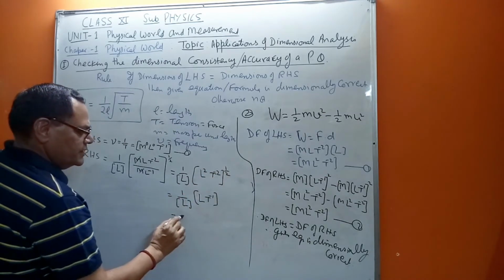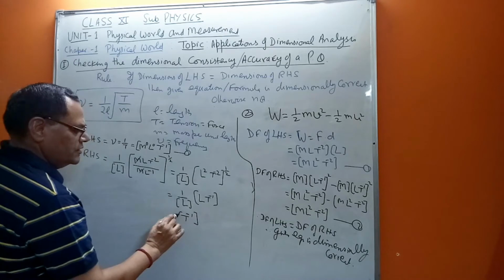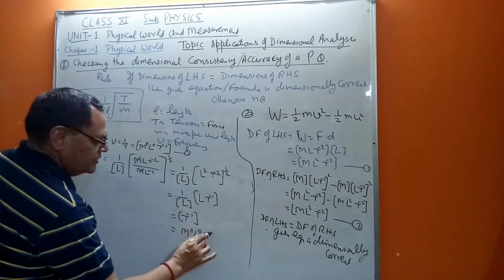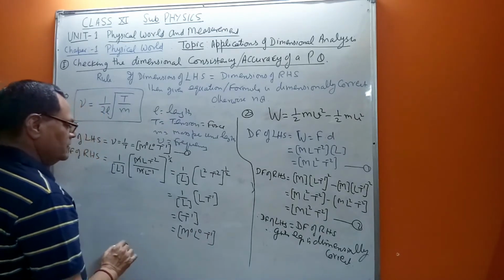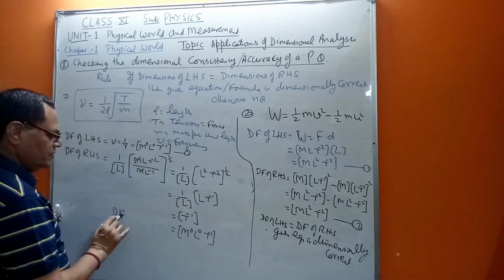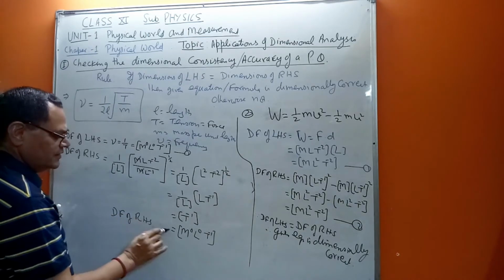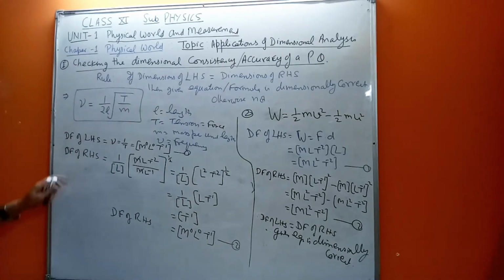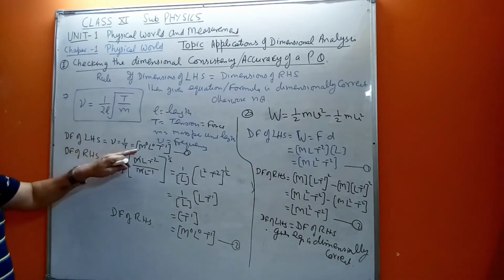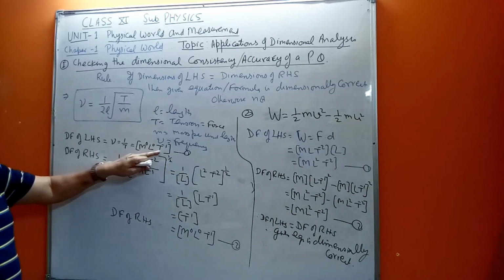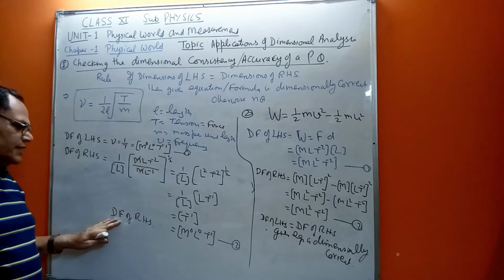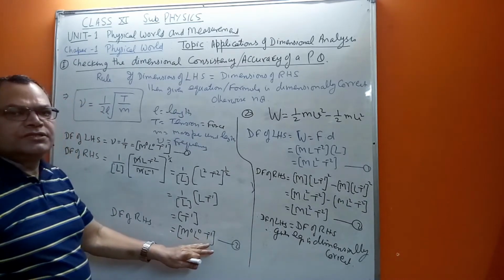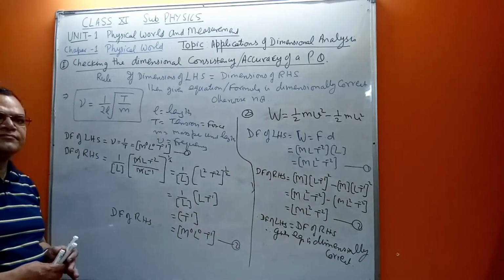L gets cancelled. So what is this? T minus 1. So the form is M0 L0 T minus 1. Therefore the dimensional formula of RHS is equal to this. Put it as 2. So what do you see here? The dimensional formula of LHS is M0 L0 T raised to minus 1, and that of RHS is also the same, that is M0 L0 T minus 1.